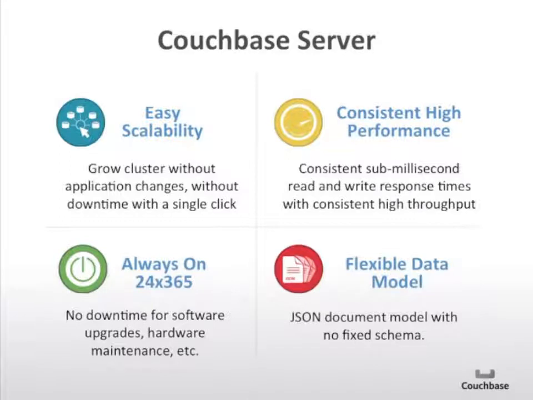Just to give you an overall overview of some of the core principles of Couchbase Server. We have easy scalability. What this means is you can easily grow your cluster. You can add multiple servers to your cluster. You can remove multiple servers from your cluster just by a click of a button, and without affecting your application. Consistent high performance.